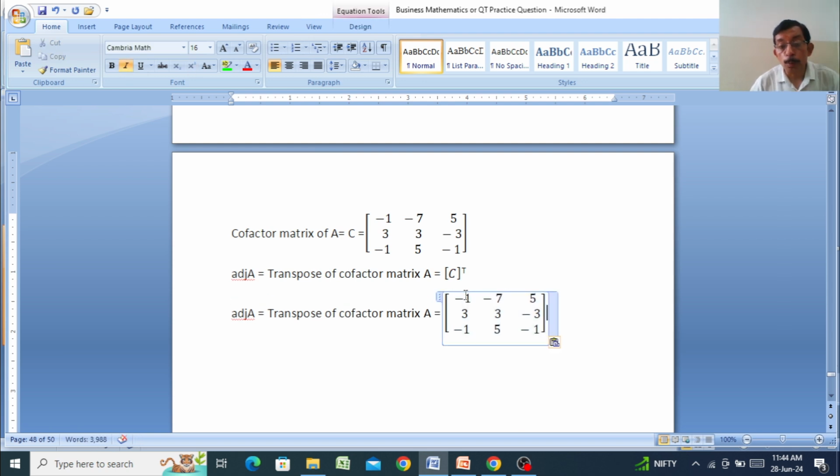Transpose: first row, first column element minus 1, 3, minus 1. Interchange. Second row element minus 7, 3, 5.